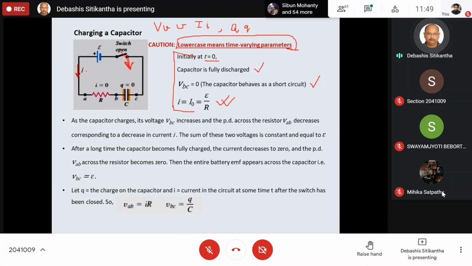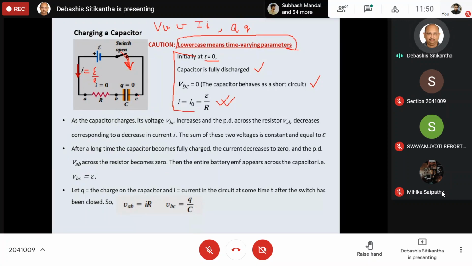So the electrons will start moving at a very fast pace, and the initial current is going to be very high. How high? It is almost going to be equal to E by R. That means the capacitor is almost behaving like a short circuit, as if there is no capacitor in the circuit. It looks like that. Okay.